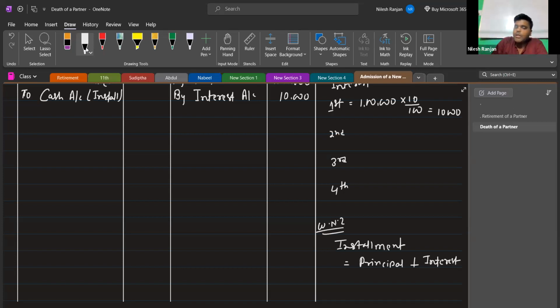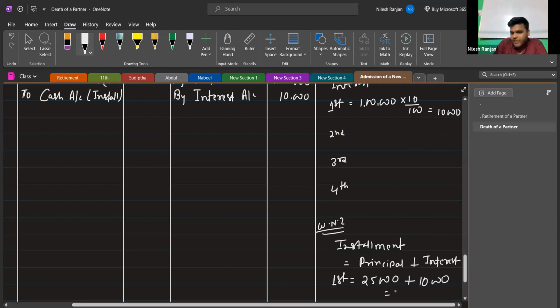Very good. So the principal amount in every installment is 25,000. So 25,000 plus interest 10,000 of first installment. So the amount is 35,000. Is this clear?